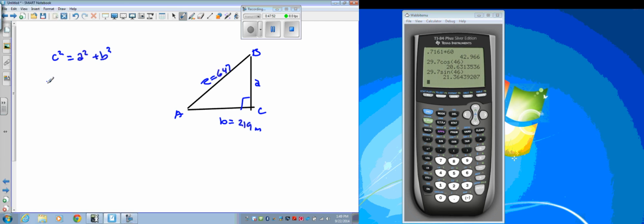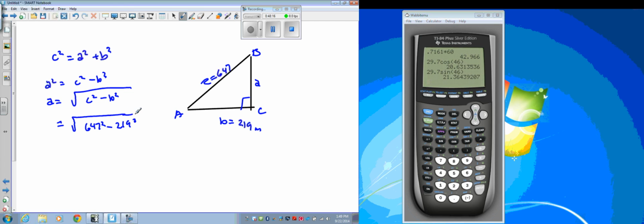Isolate the A, and it's going to be the positive of the square root there. Putting my values in, I'll go 647 squared minus 219 squared, and that's going to give me whatever this is.